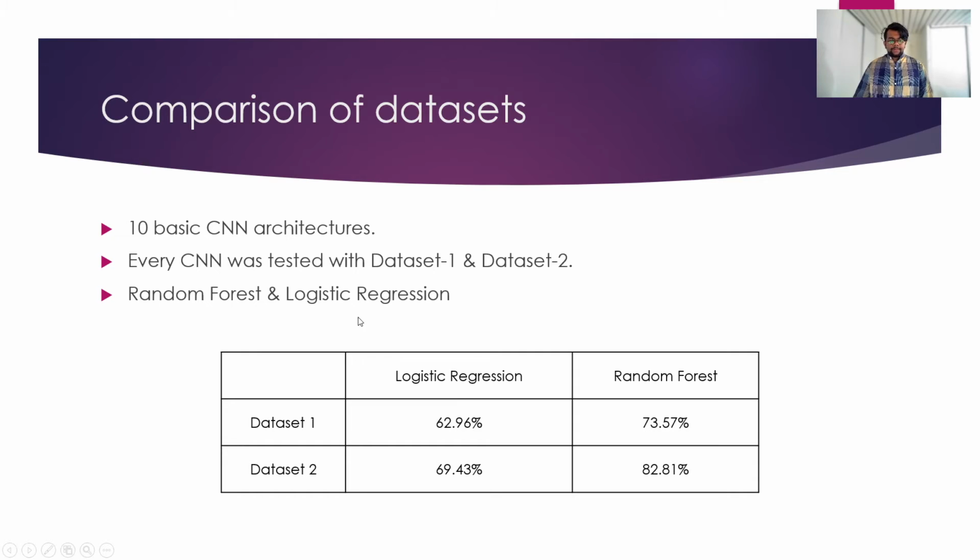We used random forest and logistic regression here, and you can see that dataset 2 performed well compared to dataset 1, mostly because dataset 1's images were very similar to each other, and thus they generated similar power signatures. So it was hard for the classifier to classify them. But for dataset 2, it was not that hard. So it has a better average accuracy.